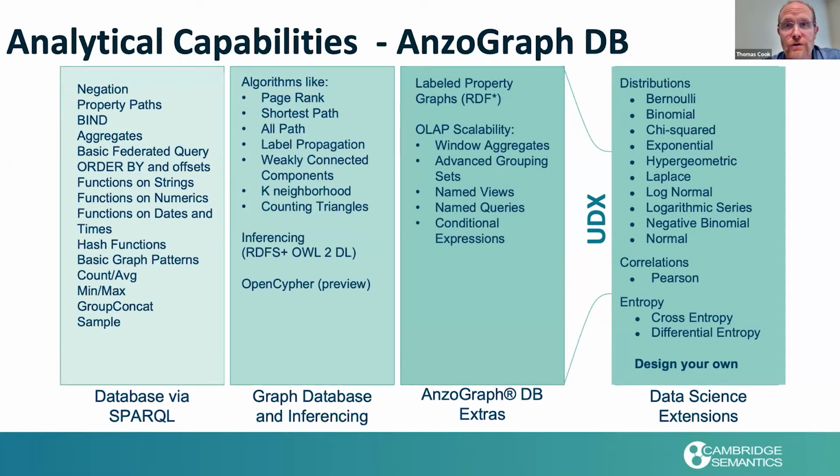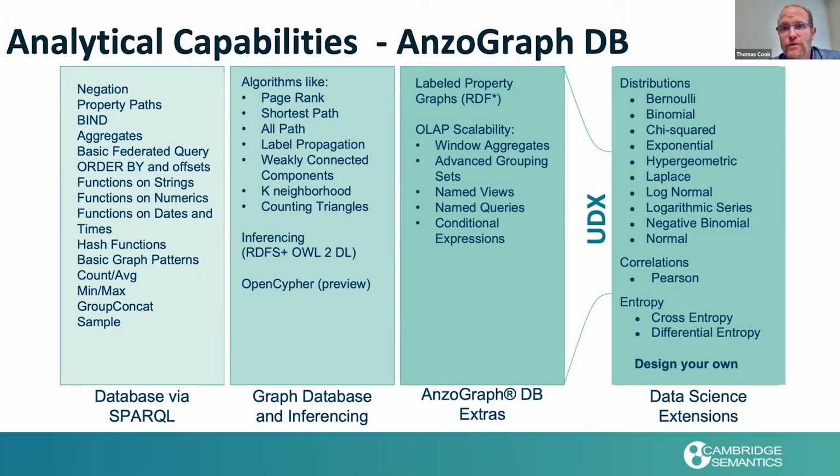Label propagation for clustering. We've also added a number of OLAP capabilities on top of the database, like cubing and rollups and windowed aggregates, the ability to create named views and named queries, conditional expressions. We've also built a user-defined extension interface that allows you to write your own custom extensions, either functions, aggregates, or services.